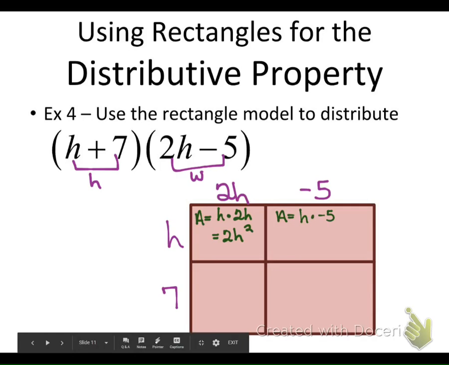Which equals? -5h. Perfect. Sean, what's my height times my width, which equals? And then bottom right. Morgan, what's my height times my width, which equals?